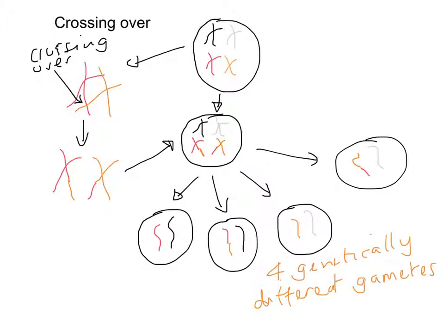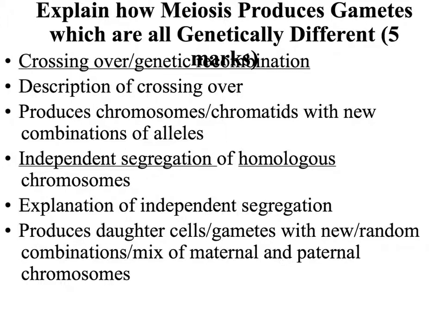This means that now when the chromosomes separate to halve the chromosome number, we can get a real mix. We can have black with a red. Here we've got a black with a bit of orange and red, and again different gametes forming. Here are key mark points if you were asked a question about genetic variation and meiosis.